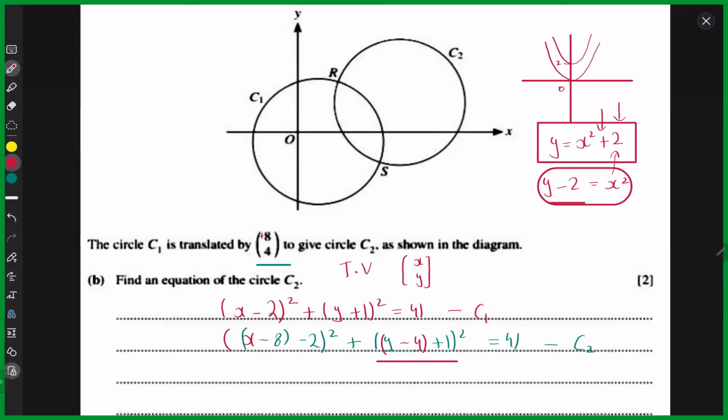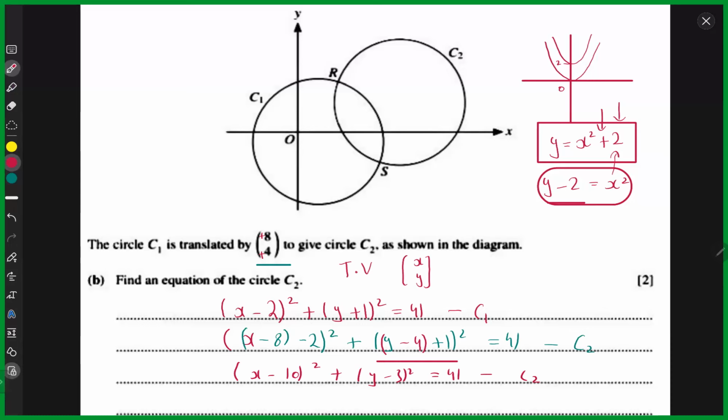Similarly, if I am to show this positive 4 change with y, I will write it down as y minus 4. And finally, this would become x minus 10 whole squared plus y minus 3 whole squared equals 41, and this is going to be the equation for C2.